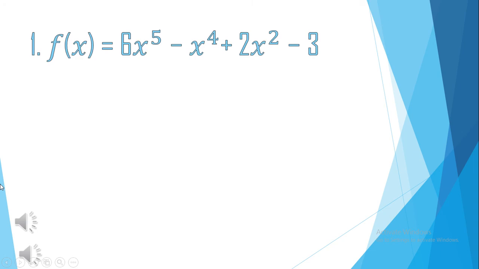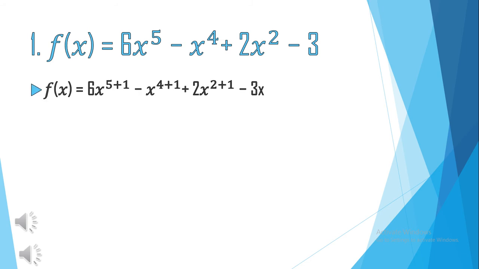Example 1. f of x equals 6x raised to the power of 5 minus x raised to the power of 4 plus 2x squared minus 3. In order for us to get the general antiderivative, we must first do the following.